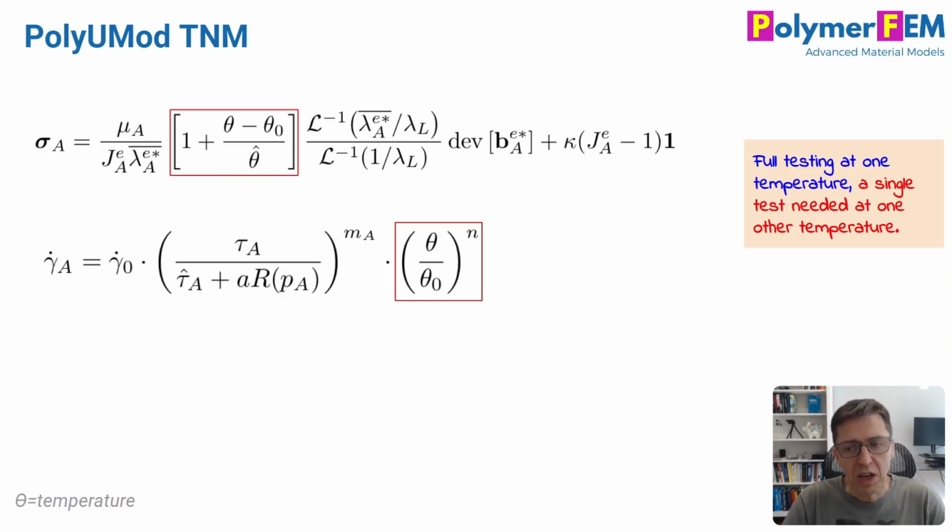So in this case, you do full testing at one temperature, and perhaps just one or perhaps two tests at other temperatures to find these additional equation-based parameters. So that's the TNM model, and it's model specific, obviously.